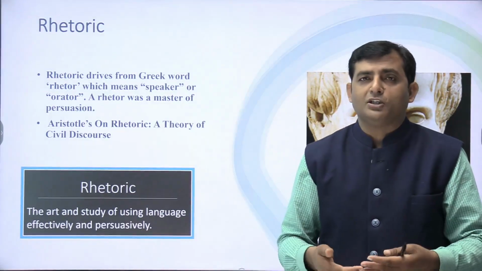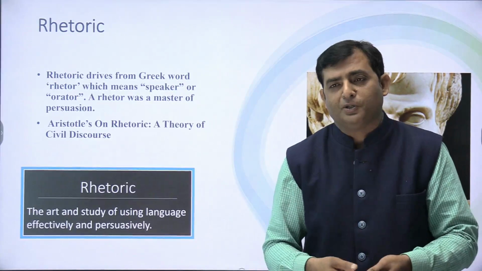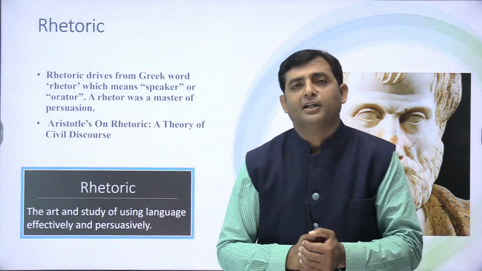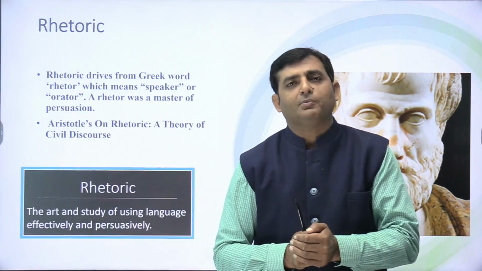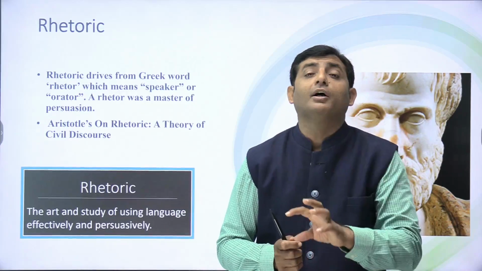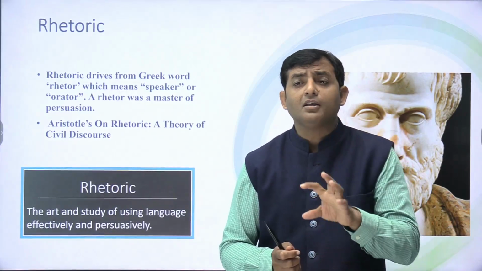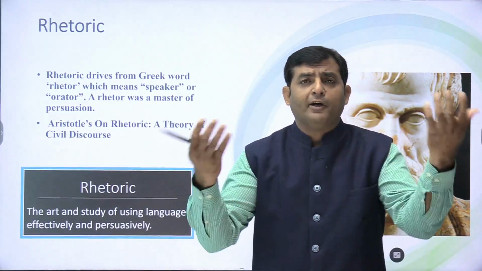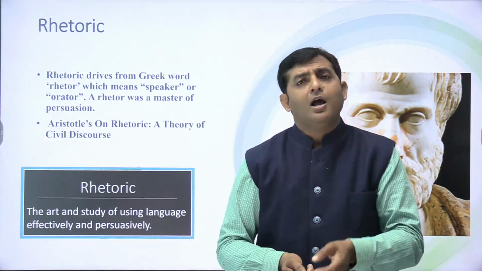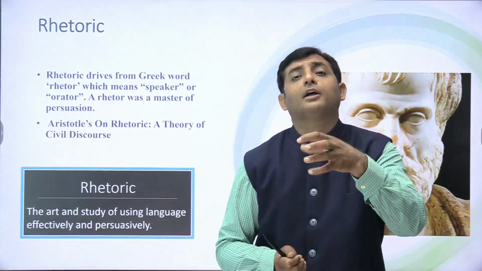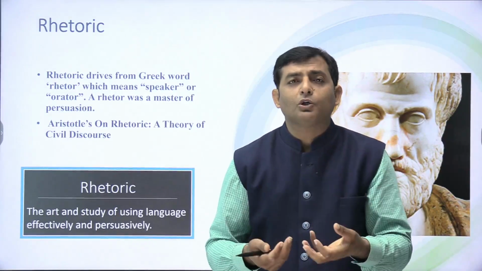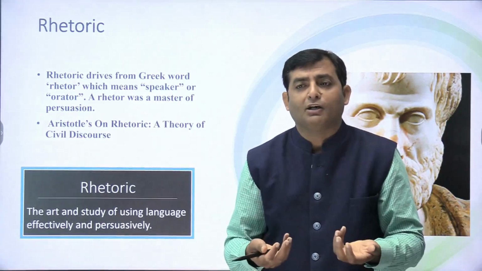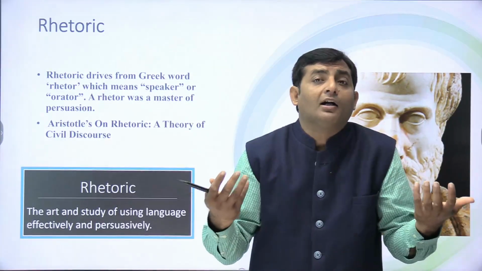Art of speech, और उसी को आप figure of speech बोलते हो. During the time of Aristotle, art of speech meant there were people who were great orators. They used to speak in front of the public, in front of people, and their whole attempt was to persuade people. Persuasive speech देना उनका होता था, उनको demagogue कहा जाता था.